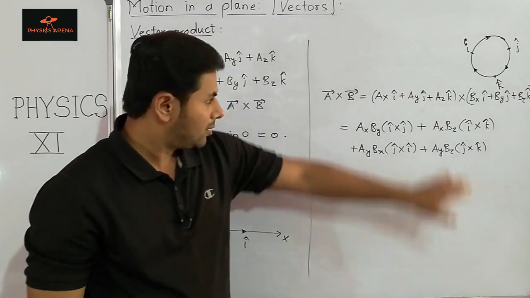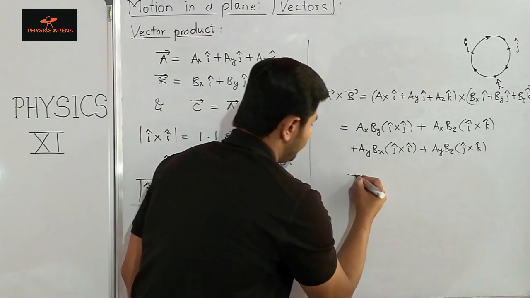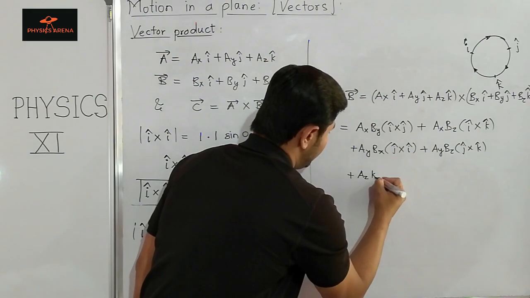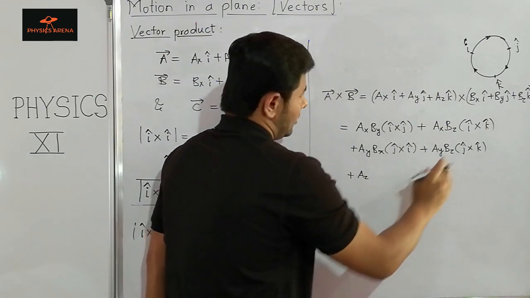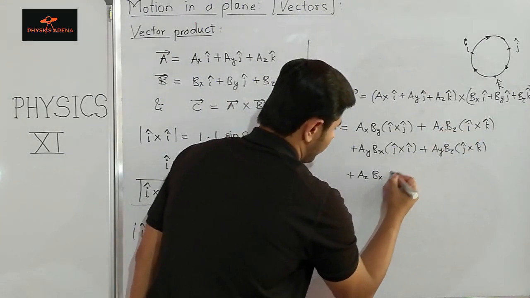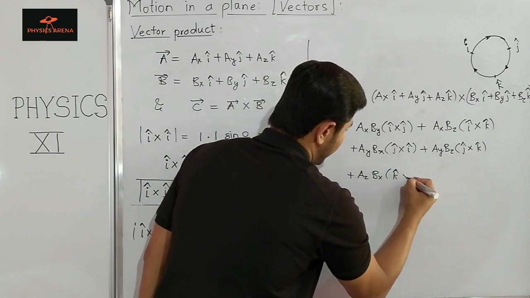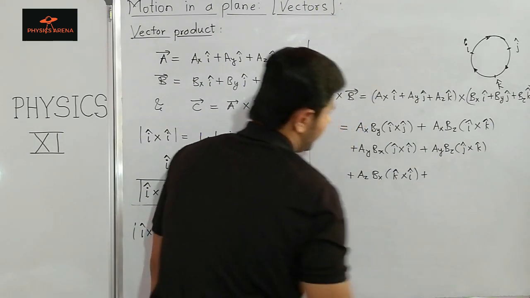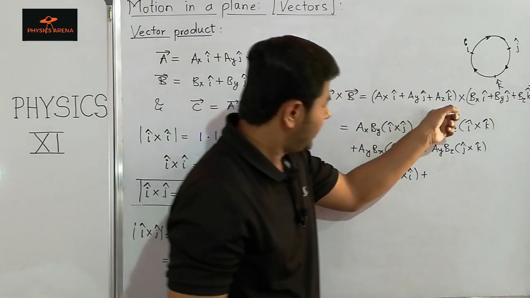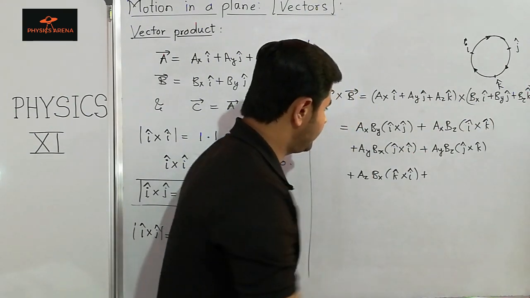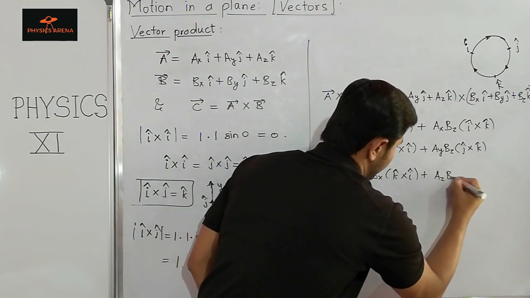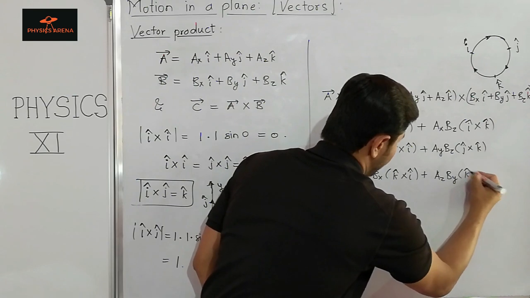Then the multiplication with az: plus az bx k cross i plus az by times k cross j.